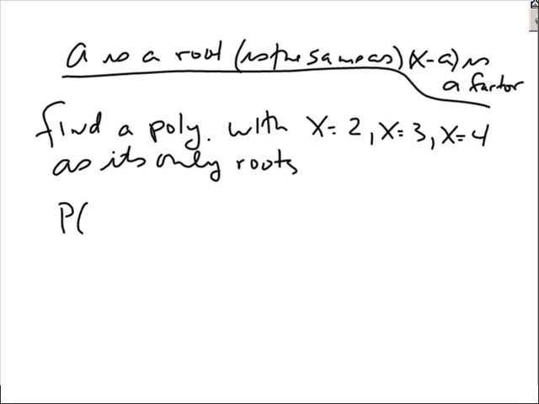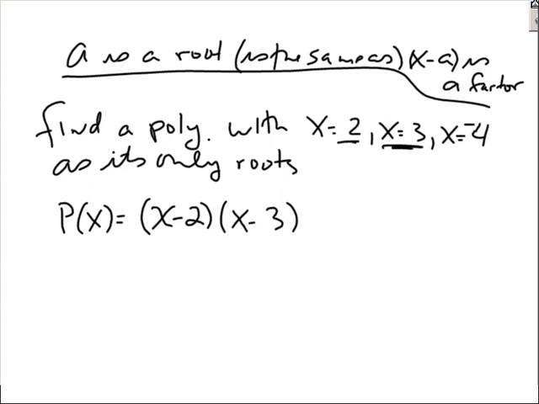Well, just call it p of x. If 2 is a zero or a root, then x minus 2 must be one of the factors. If 3 is a root, then x minus 3 must be a factor. Let's change this to negative 4.